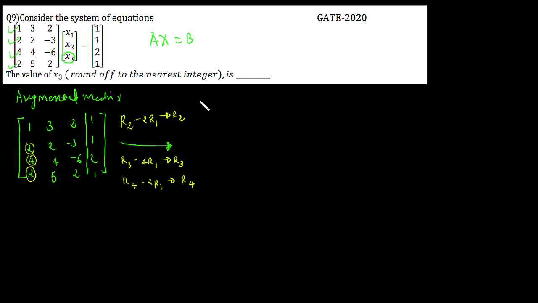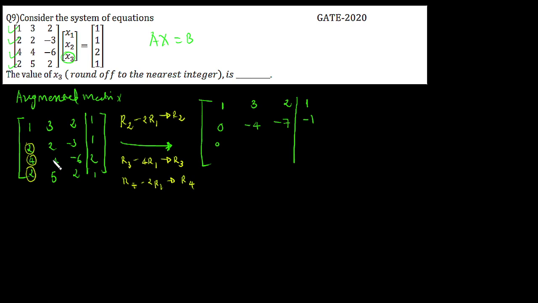So now after those 4 row operations, let's write what we are getting here: 1 3 2 1. Now this entry will be 0, and here minus 6 plus 2, so I can say minus 4, and this entry will be again minus 4, and we have minus 3, so I can say minus 7. Now here negative 2 plus 1, so negative 1. In the third row, this entry will be 0.